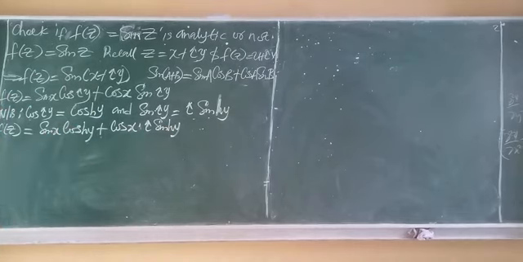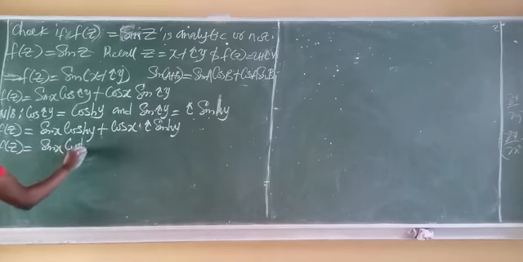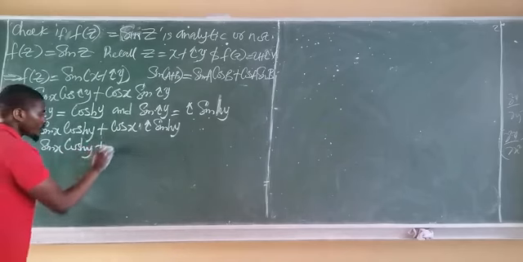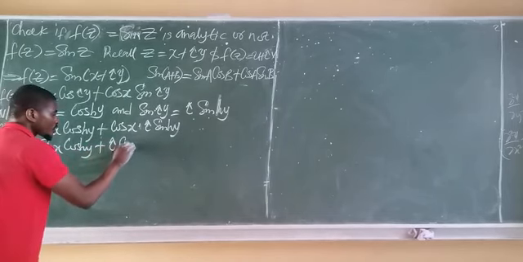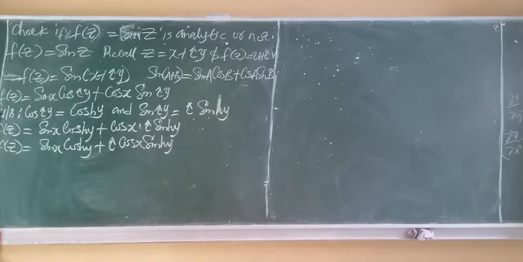If I rearrange this equation, I will have that f of z is equal to sin x cos y plus i cos x sinh y. I have this.